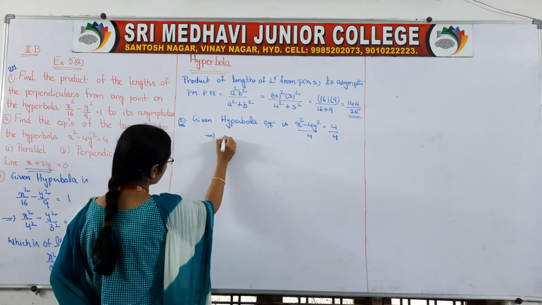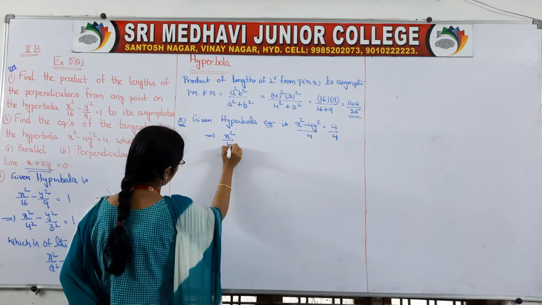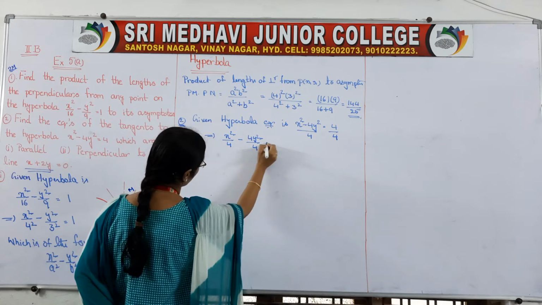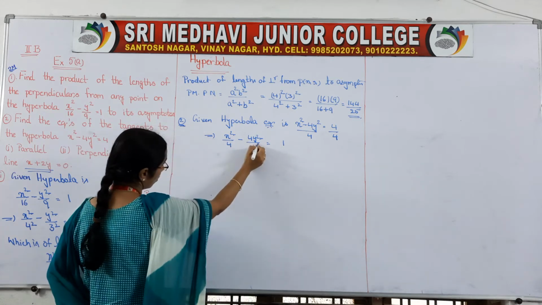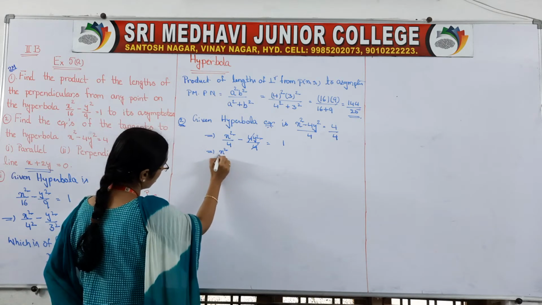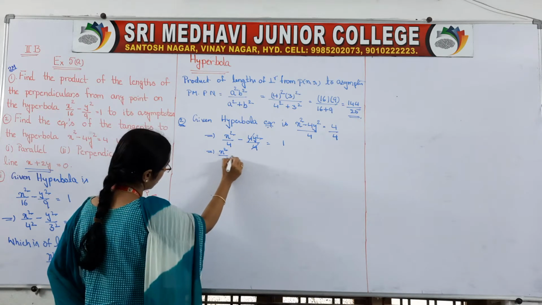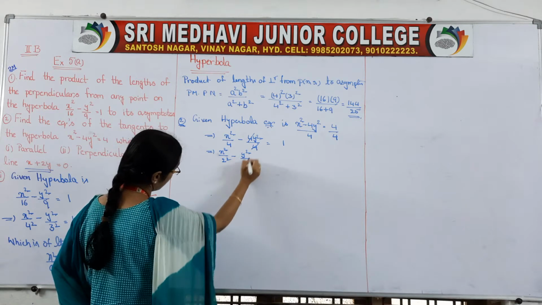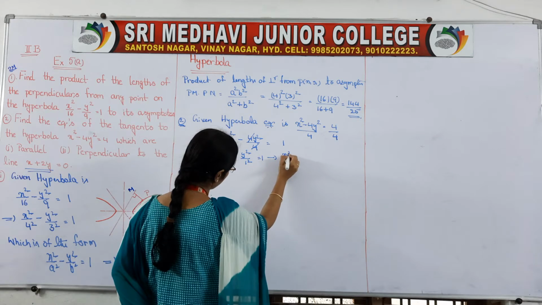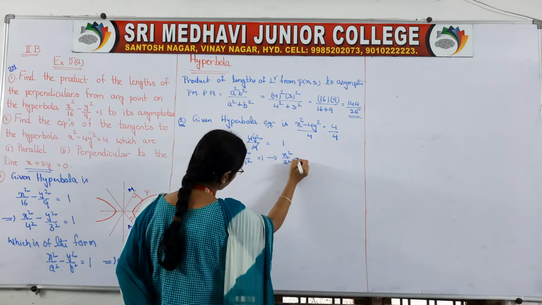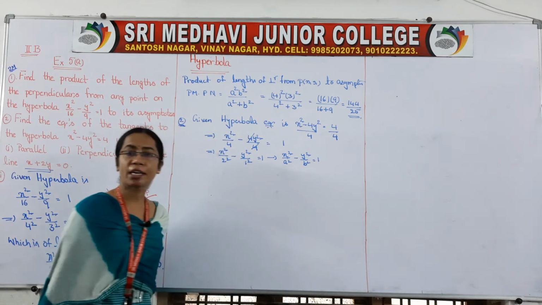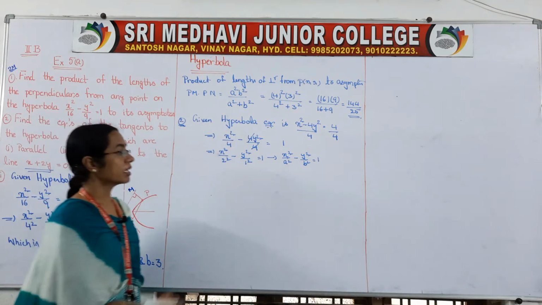So it is x square by 4 minus 4y square by 4 is equal to 1. 4 cancels. So it is x square by 2 square minus y square by 1 square is equal to 1, which is of the form x square by a square minus y square by b square is equal to 1, your standard hyperbola equation.